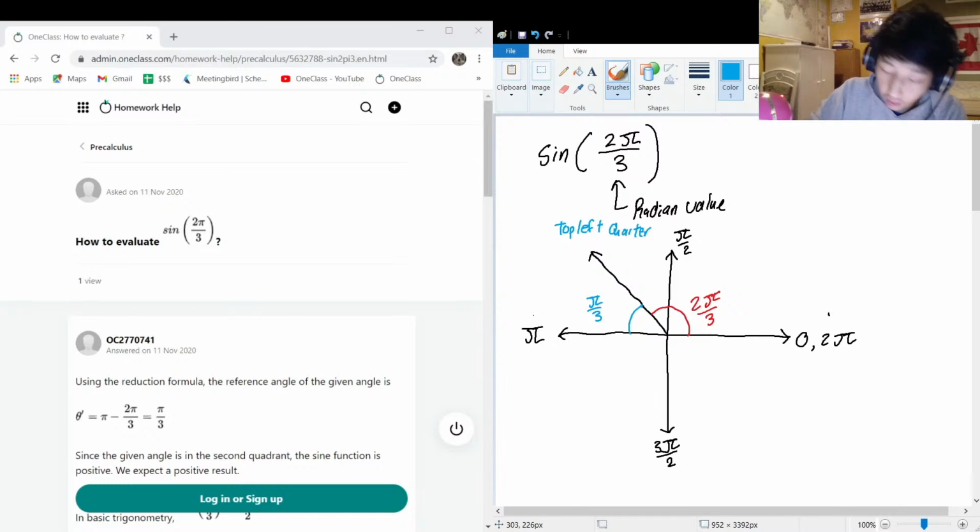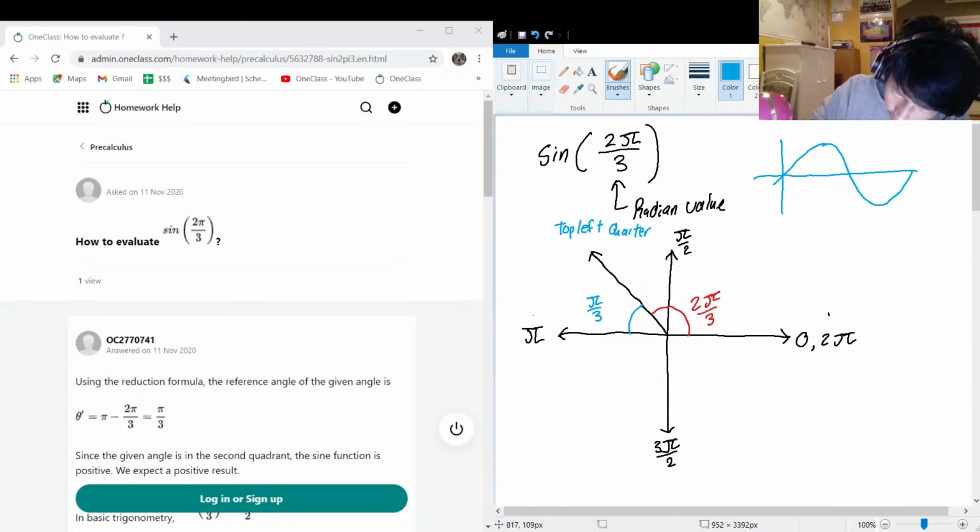We can also think about what a sine graph looks like. Sine looks like this, and this would be pi.